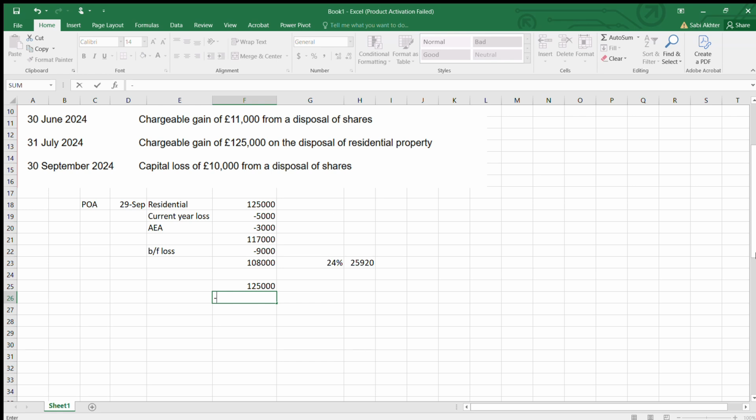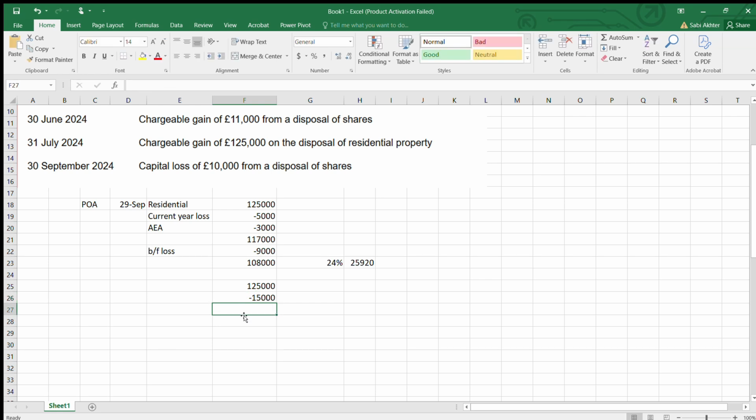So 5,000 loss from land, 10,000 from loss of shares. So 5 and 10, 15,000 loss. Rather than taking 15,000 like this, when you are doing show working, minus 5,000 plus 10,000. Minus 10,000. Okay, so it's minus 15,000.